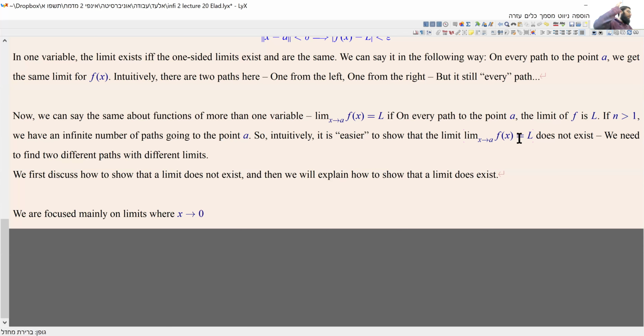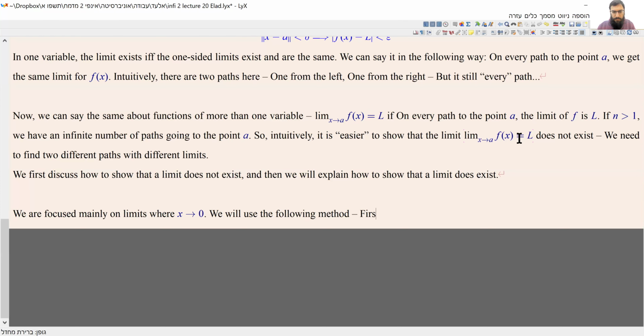If x goes to some a, we just substitute instead of x minus a, and it goes to 0. We will use the following method, which actually works for every point, but again, we're focused mainly on limits where x goes to 0.